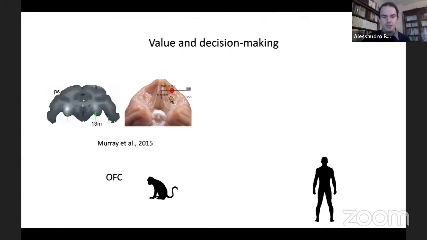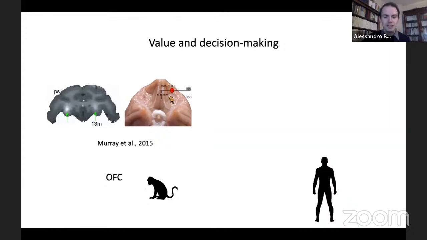So coming from Padoa-Schioppa and more recently other studies have found that neurons in OFC correlate with the values of the options that are presented and allow to make the comparisons. Lesion studies by Murray, for example, and other labs have found that disruption of this area will impair decisions.